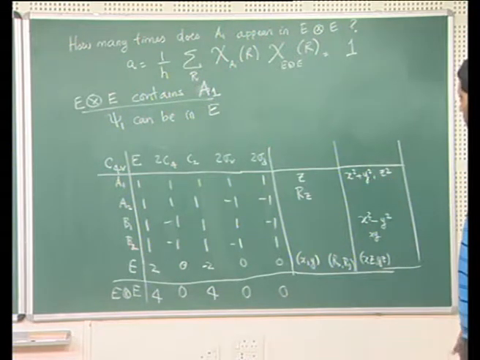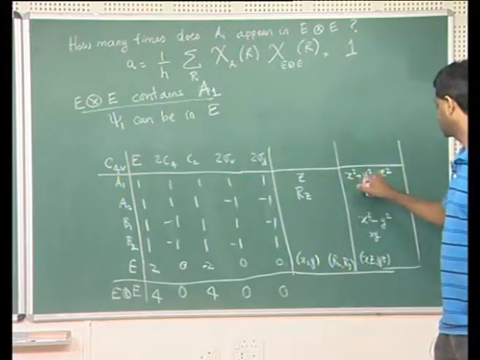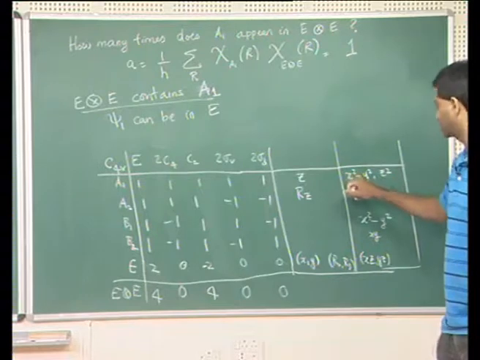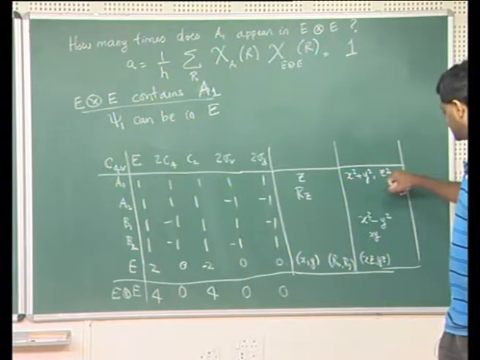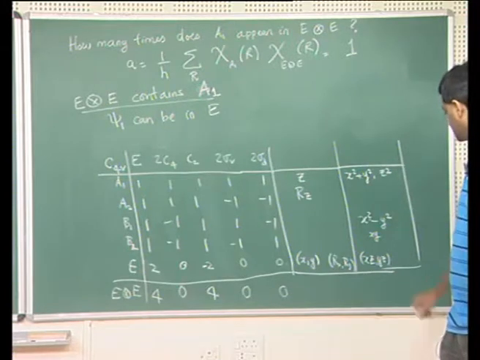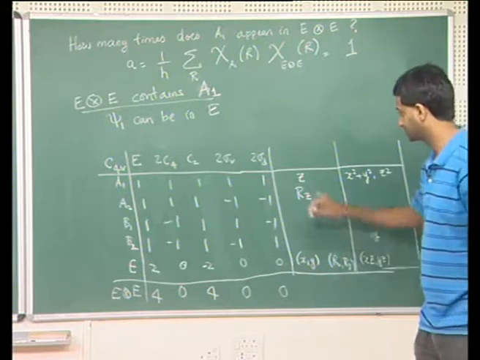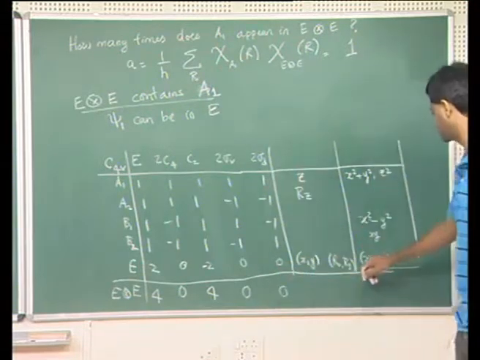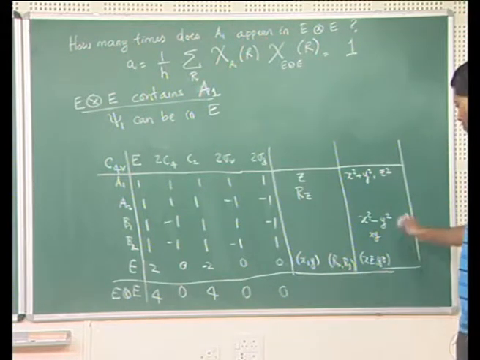Clearly, if psi 1 is in A1, then you can have transitions involving x squared plus y squared and z squared, or if psi 1 is E, you can have transitions involving xz, yz, and so on.